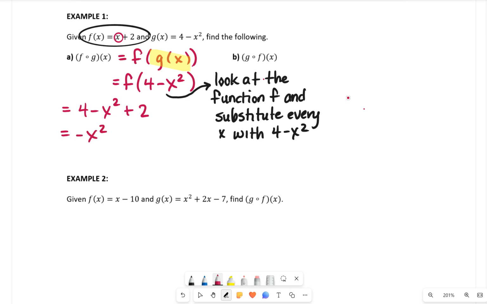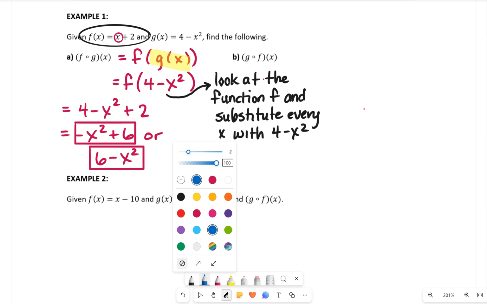So negative x squared plus 6 is my answer, or you could have also written it as 6 minus x squared. Either is acceptable. All we did was replace that x with the composed function.